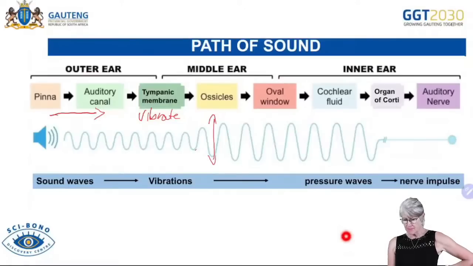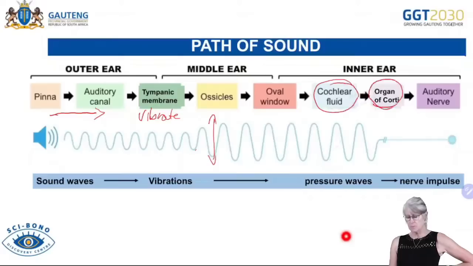And the ossicles then transfer the vibrations to the oval window, which is also a membrane, and behind that oval window is cochlear fluid. There's fluid in the inner ear, and that is going to create pressure waves in the liquid, and that then causes the organ of Corti, the cells there, to be stimulated.